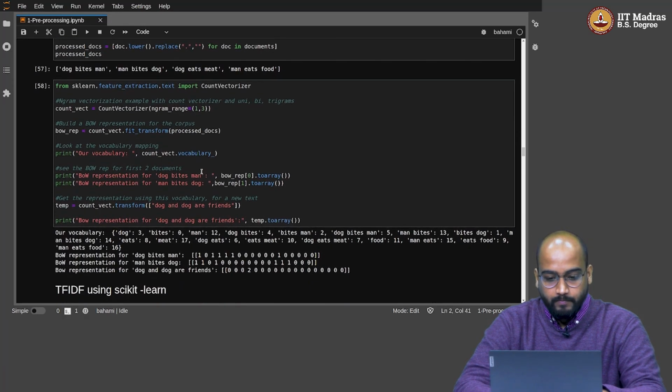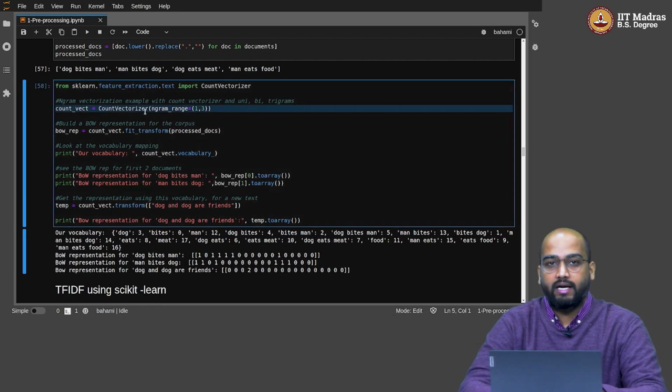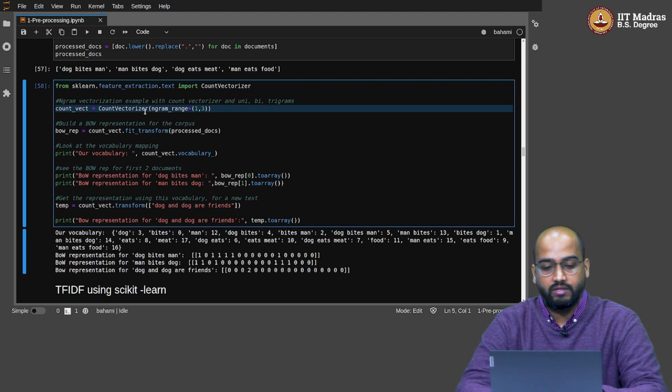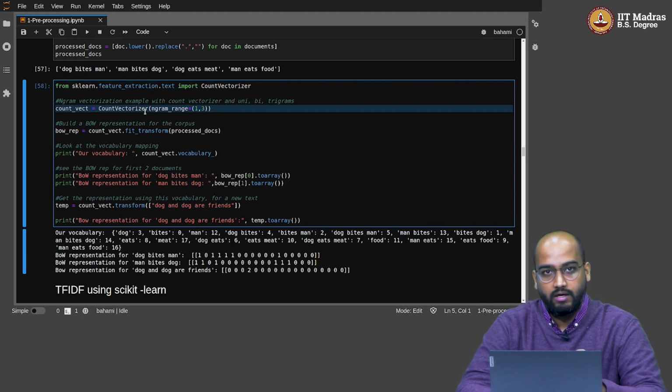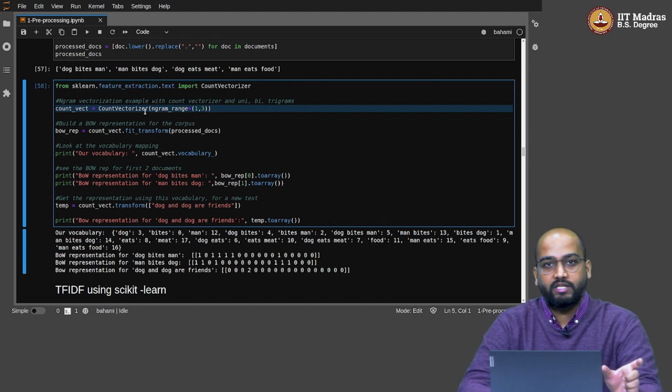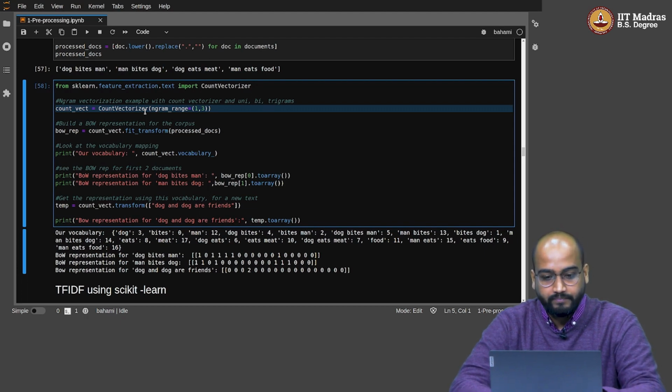Again, in the previous section we had seen that instead of looking at individual tokens, you could also look at combinations of tokens with bigrams and trigrams, right? You can use that also as a feature in your bag of words representation. Instead of looking at how many times a particular token had occurred, you can also look at how many times a combination of 2 words, that is a bigram, has occurred, or how many times a trigram has occurred.